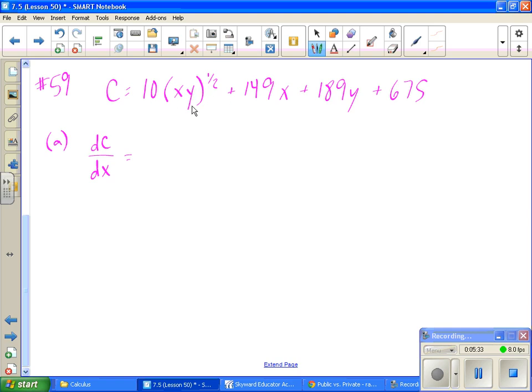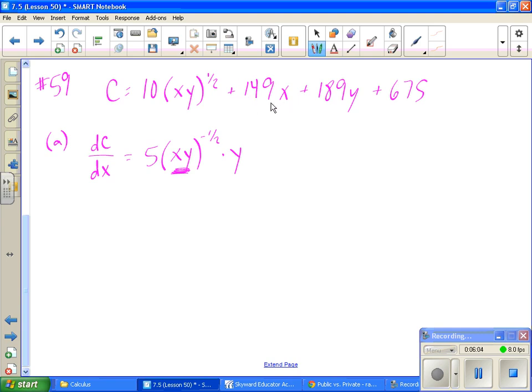What do I have to do if I have something to the 1/2 power? Bring it down front. So if I have 10 times 1/2, I would get 5. And this x times y is going to be raised to the what power? -1/2. And then you have to multiply by the derivative of the inside. Now this is with respect to x. So what's it going to be? Y, because that's my constant.